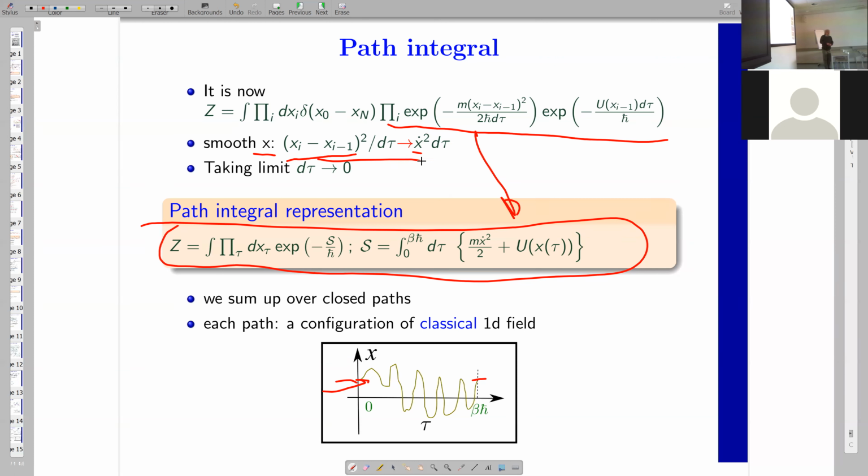Okay? But we don't have any momenta and any operators of momenta. Fine. It looks very similar to the Hamiltonian. It also depends on energy, but it's not quite the Hamiltonian. It's something else, which you know from classical mechanics. What is that?